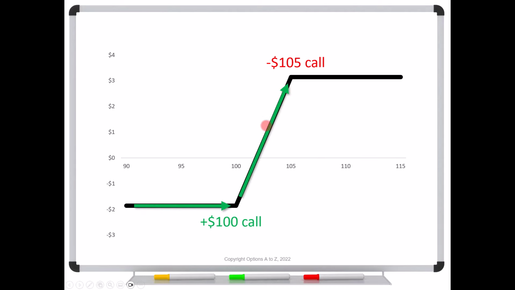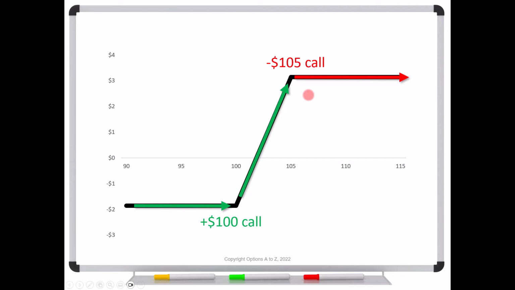We have positive deltas here. But once we hit the strike of the short, what happens? We flatten out. And that's because at this point, every dollar that's being gained by the $100 call is being offset by a dollar loss in the short 105 call. And so that's where your maximum gain is going to occur.